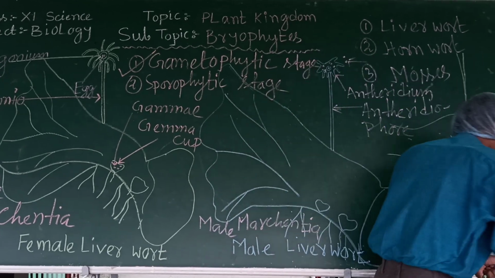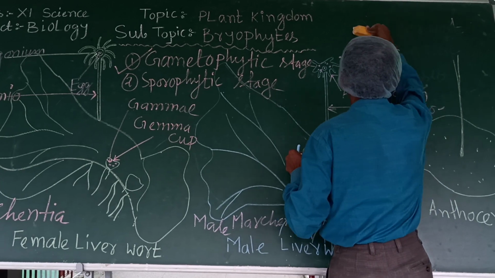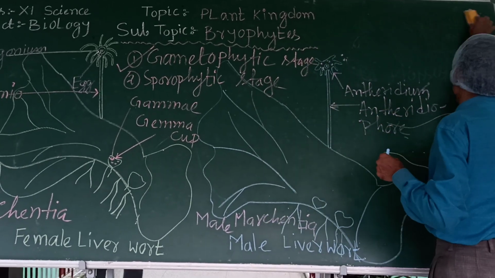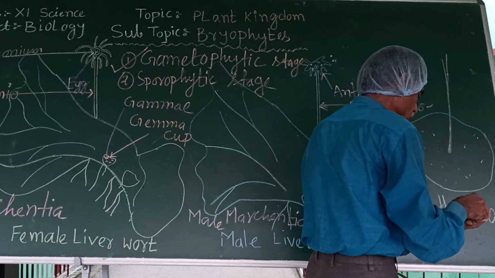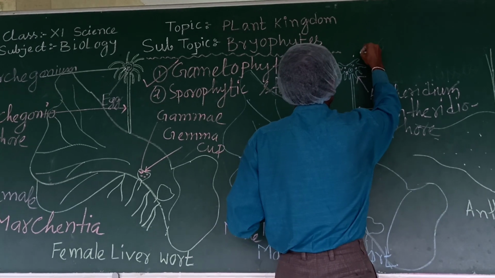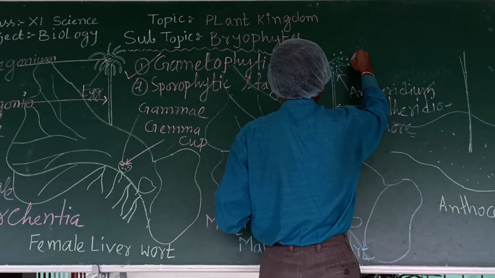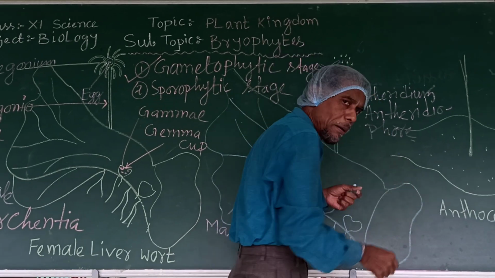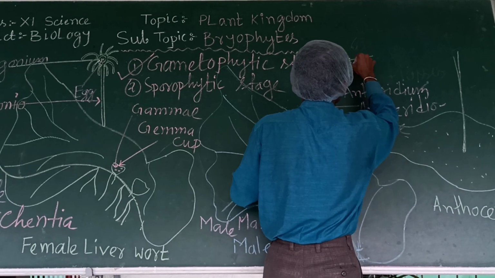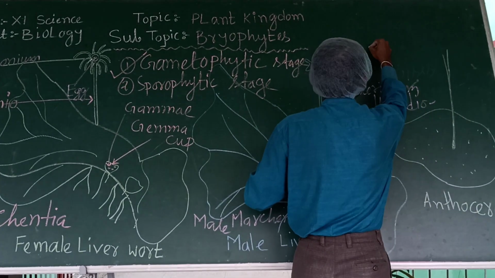Let me rub this portion, moss and liverwort classification, so that we can get a little space. This liberated structure is the male gamete, otherwise called antherozoid.